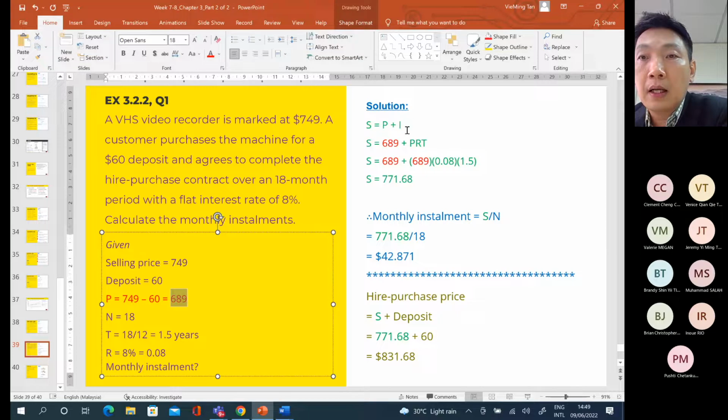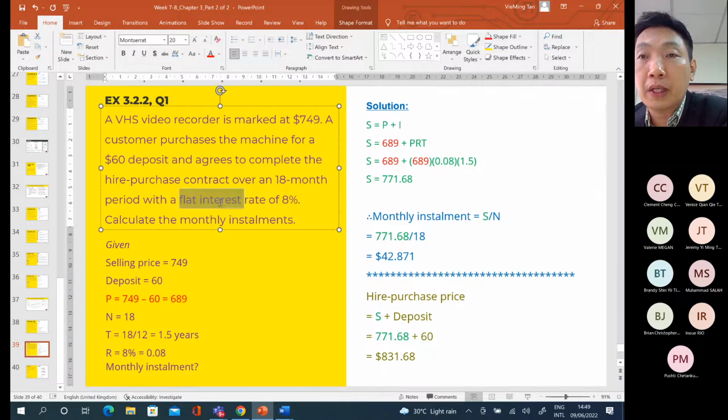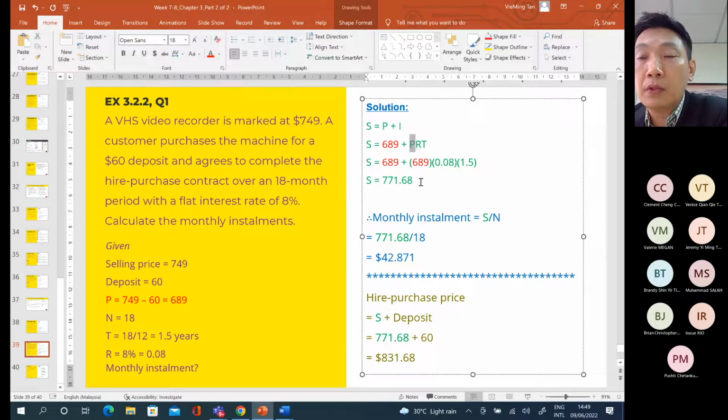Okay, then how do I calculate the answer? Because this question is using simple interest. Okay, flat interest rate means simple interest rate. So the P is equal to 689. The R value is equal to 8%. 8% means 0.08. And then the T is in years unit, so it's 1.5. Okay. So simplify this and then plus 689, you'll get 771.68.